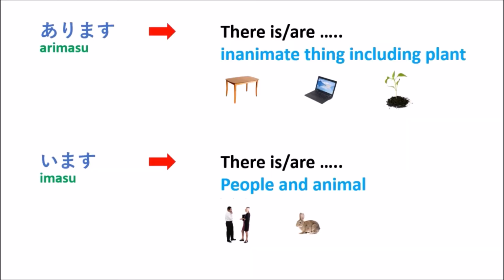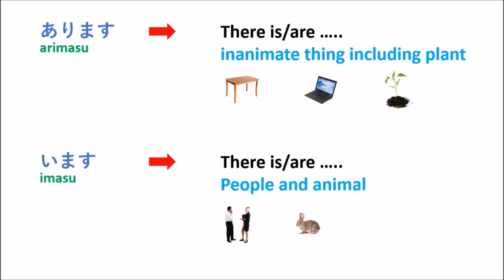As you see here, we have the words arimasu and imasu. They have the same meaning, there is and there are. The verb arimasu is used with inanimate things, including plants. But the word imasu can be used with people and animals only.